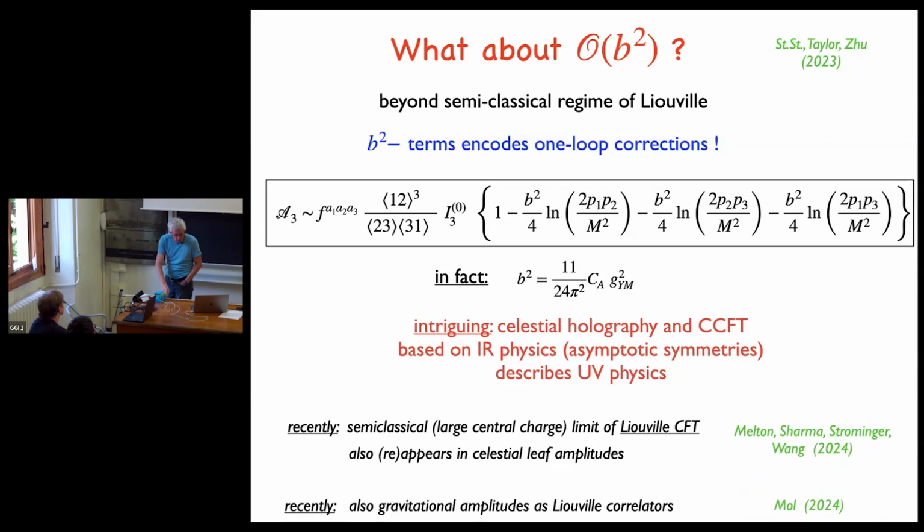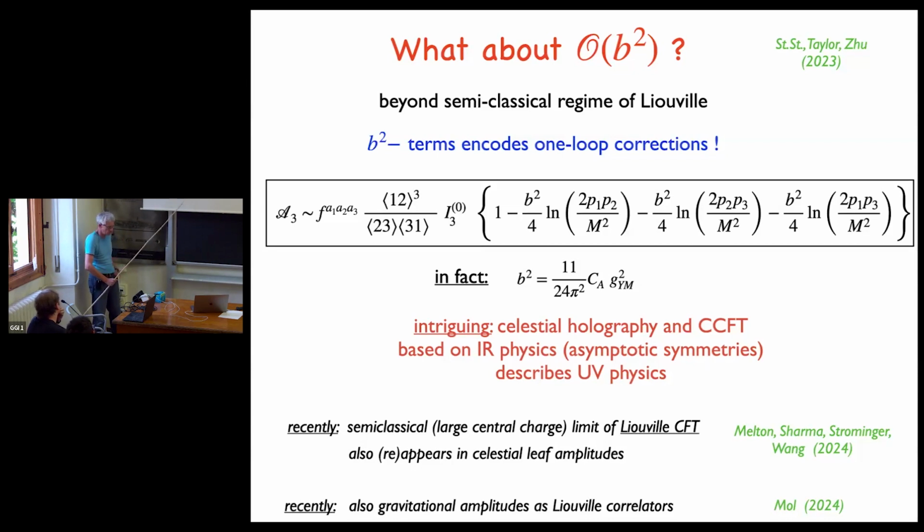In fact, when we had this out last year, then in spring, this Harvard group took this Liouville result, our Liouville results, I think one can say it like that, and essentially re-derived our tree-level results. But actually, it's getting more and more interesting because now very recently it has also been described for gravitational amplitudes.